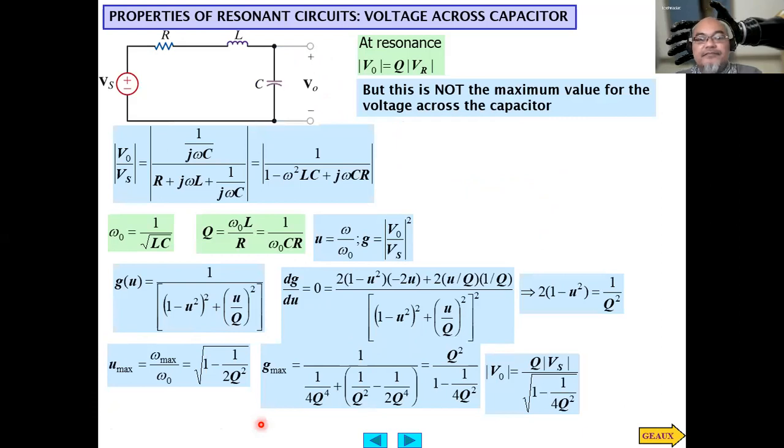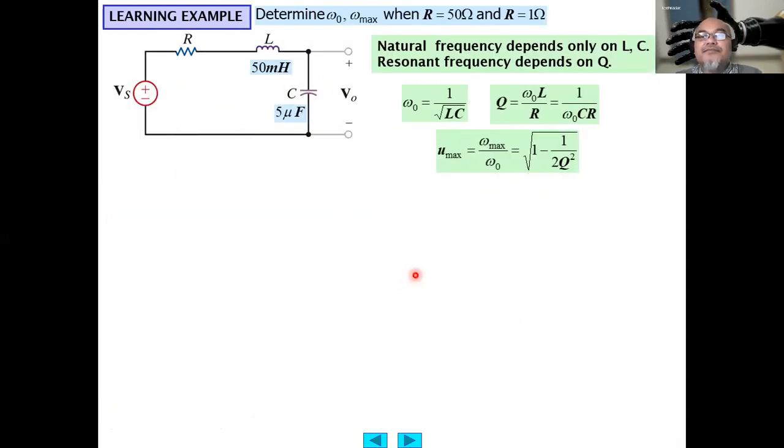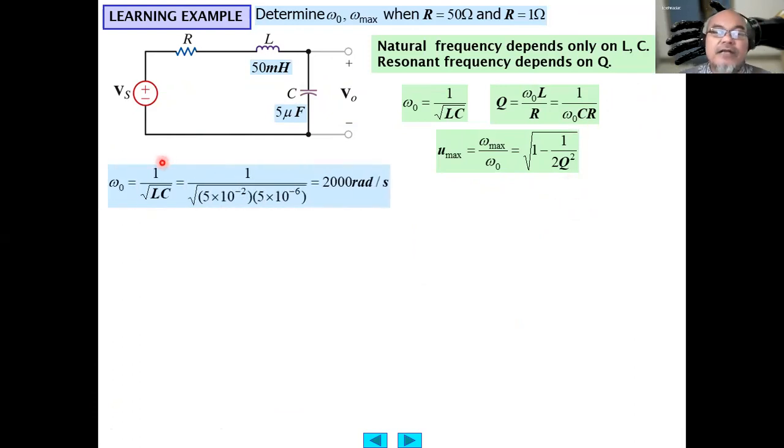So we calculate first the natural frequency, or resonance frequency, 1 over square root of LC. We obtain 2000 radian per second.